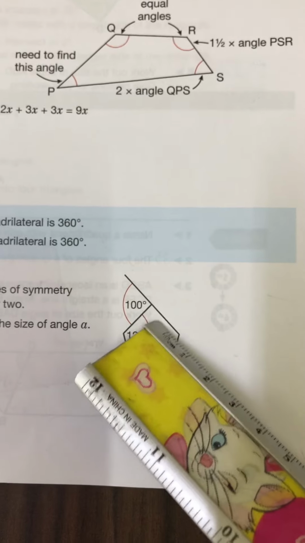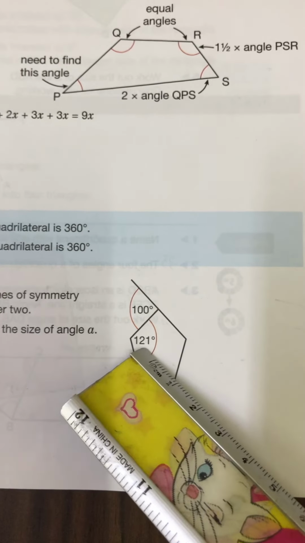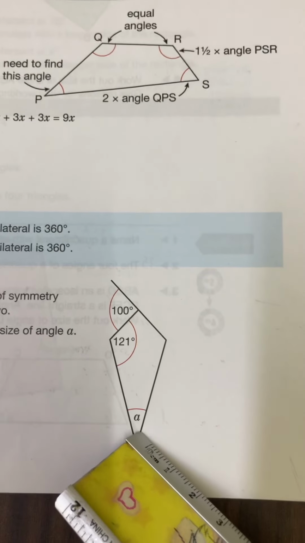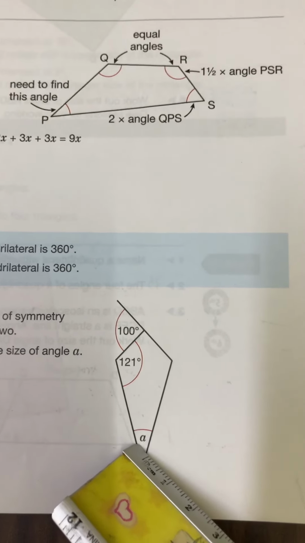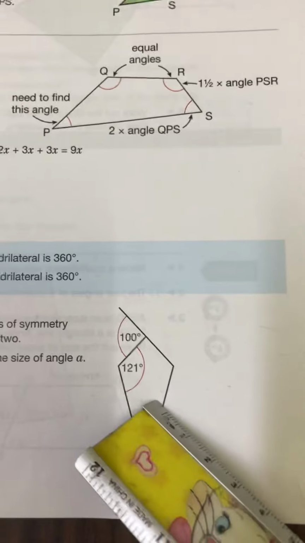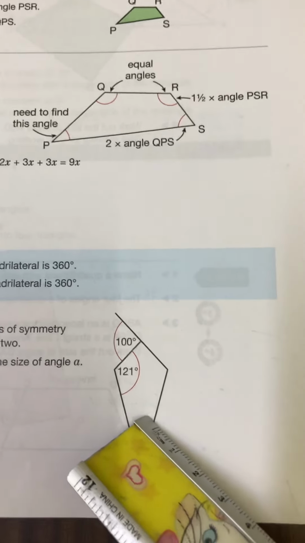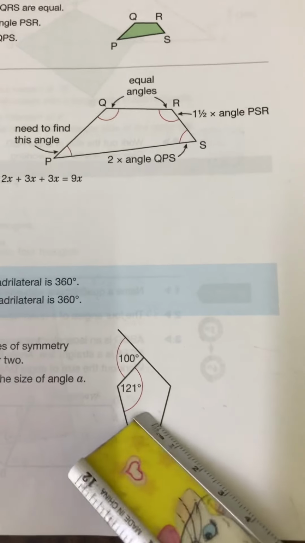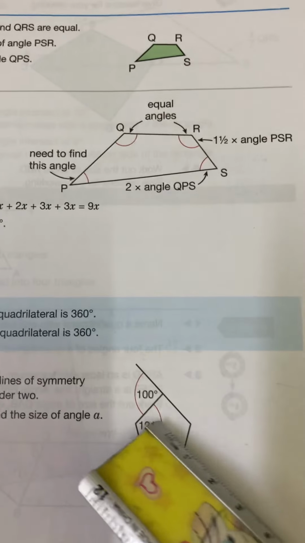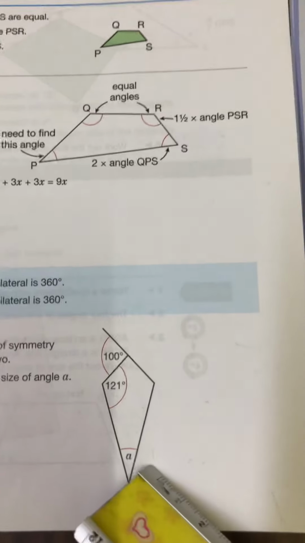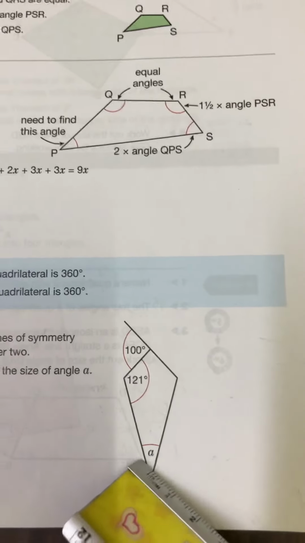Now I have inside the kite 70, 121, and the opposite is 121. Can I find the measure of angle A? Yes, you can. How? The sum of the interior angles of any quadrilateral equals 360. So 360 minus 121 plus 121 plus 70, you will get the measure of angle A.